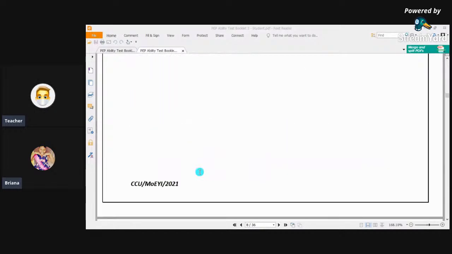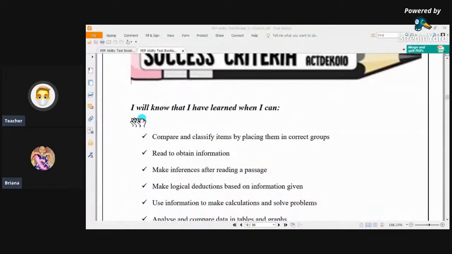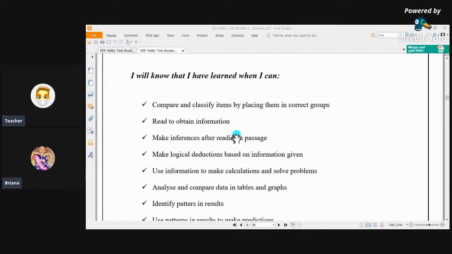All right, let's go here. Success criteria. It says, I know that I have learned when, and for science now, when we compare and classify items by placing them in correct groups. Classification. Read to obtain information. That's reading for meaning. Make inferences after reading a passage. Make logical deductions based on information given.